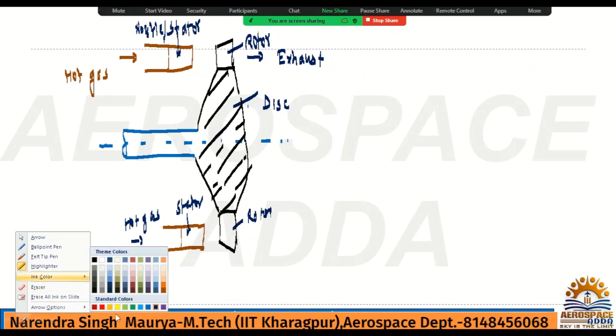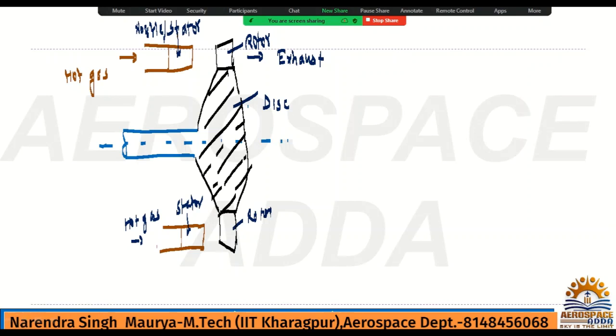So numbering will be 1, this is 2, and this is 3. All right. This is the diagram. All right, so I can draw separately here.